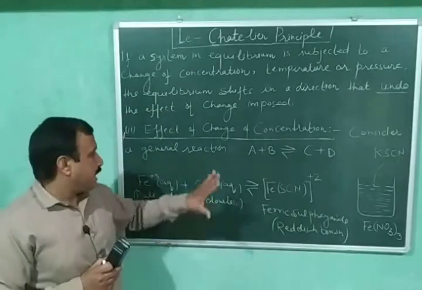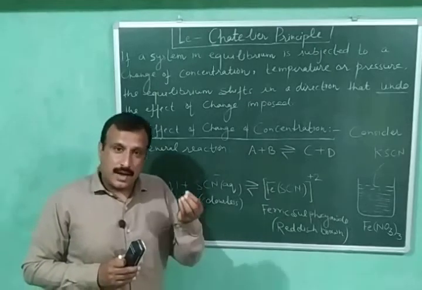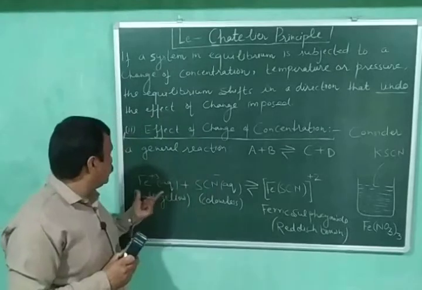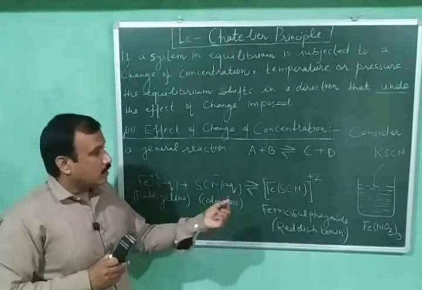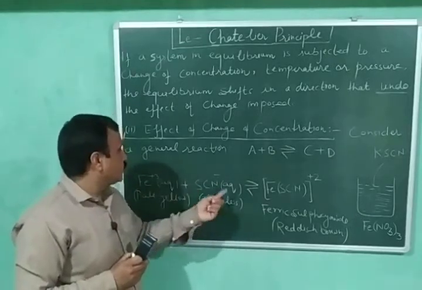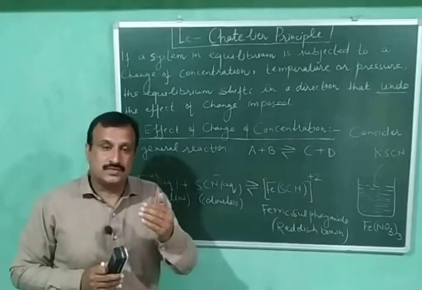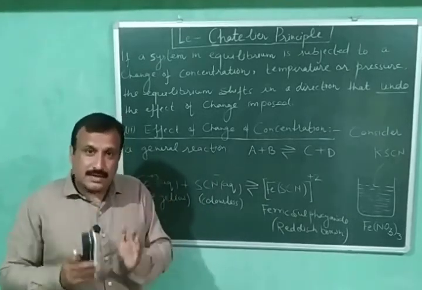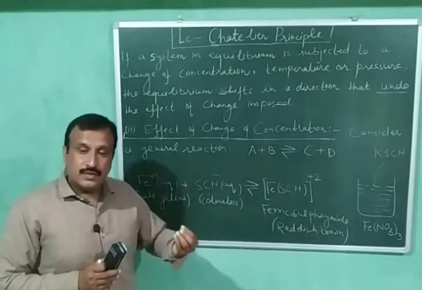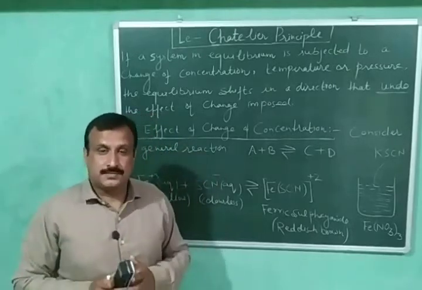Now let us suppose that this reaction is at equilibrium, and I increase the concentration of the reactants. I can increase the concentration of ferric ions by adding more ferric salt, and I can also increase the concentration of thiocyanate ions by adding more potassium sulfocyanide. When I increase the concentration of these reactants, it is found that the color of the solution becomes darker.